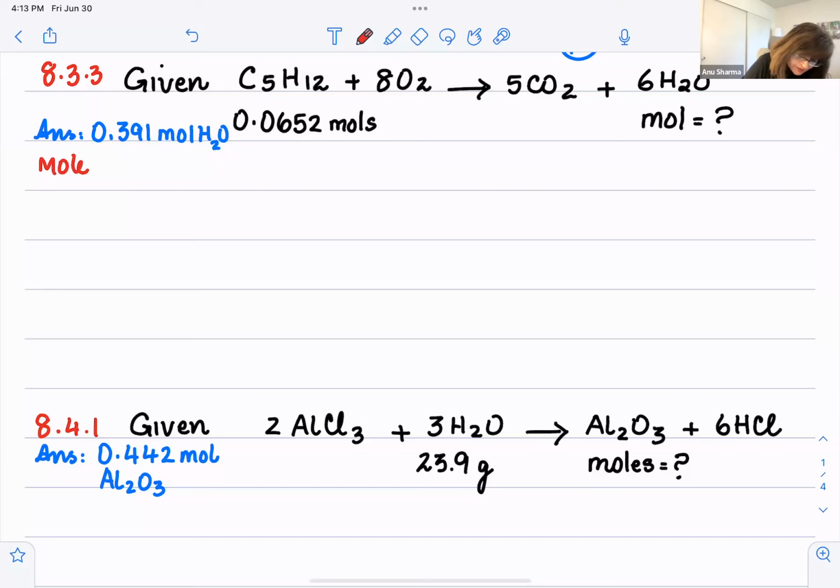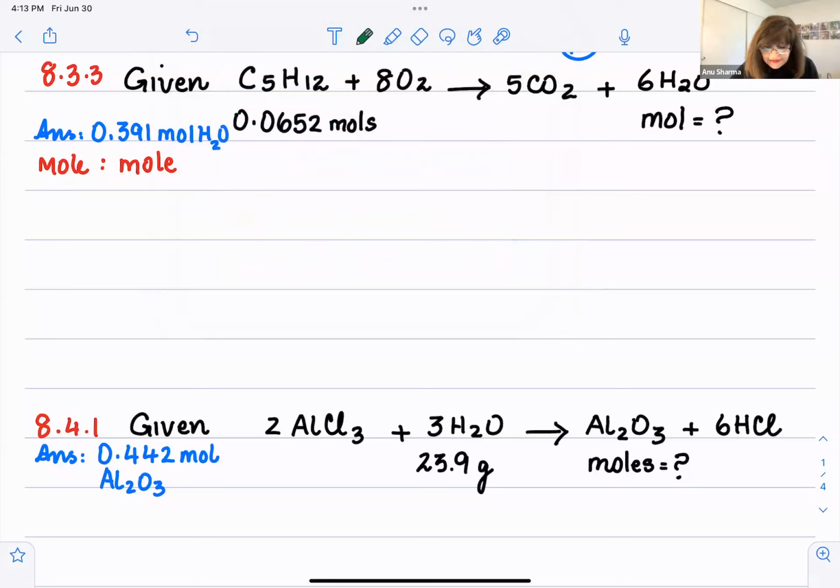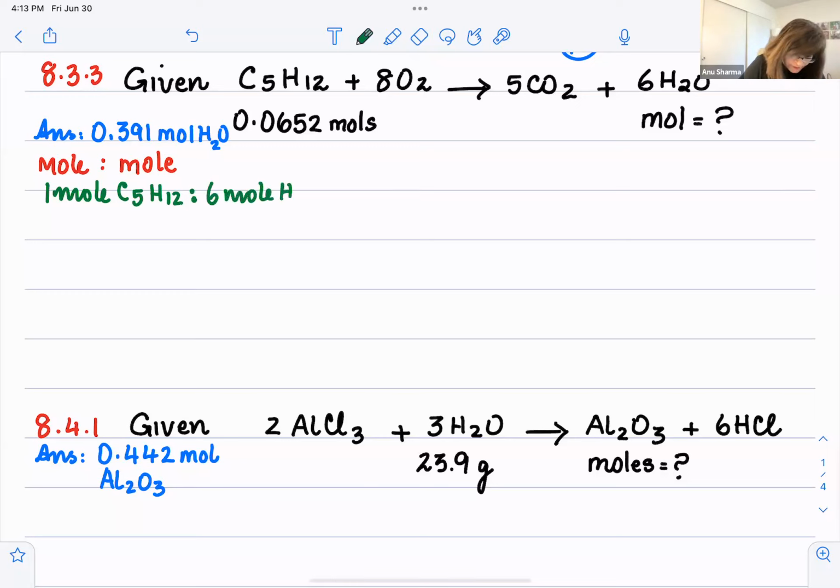Anytime you're given a reaction, we look at the mole to mole ratio, the moles of one and the moles of another. So here we will see the mole to mole ratio is basically 1 mole of C5H12 is basically producing 6 moles of H2O.